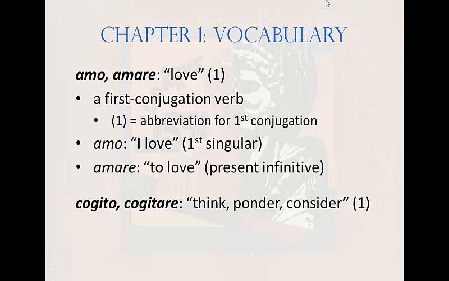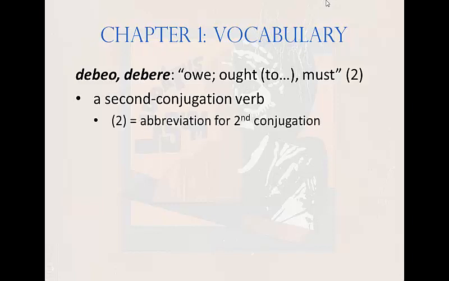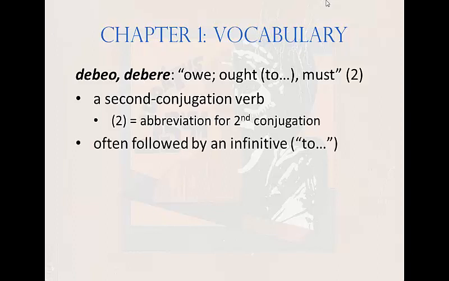Cogito, cogitare means think, ponder, consider. It's also a first conjugation verb. Debeo, debere, meaning owe, ought, or must, is a second conjugation verb. 2 is the abbreviation for second conjugation. This verb is often followed by an infinitive, as in, you ought to start memorizing this vocabulary now.